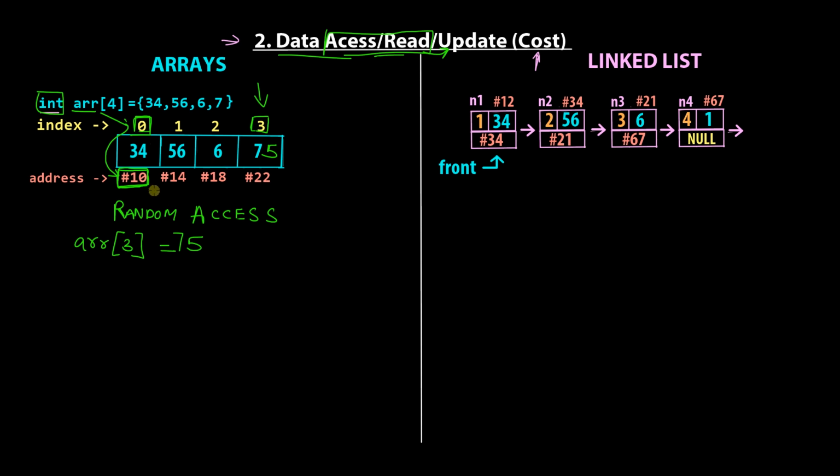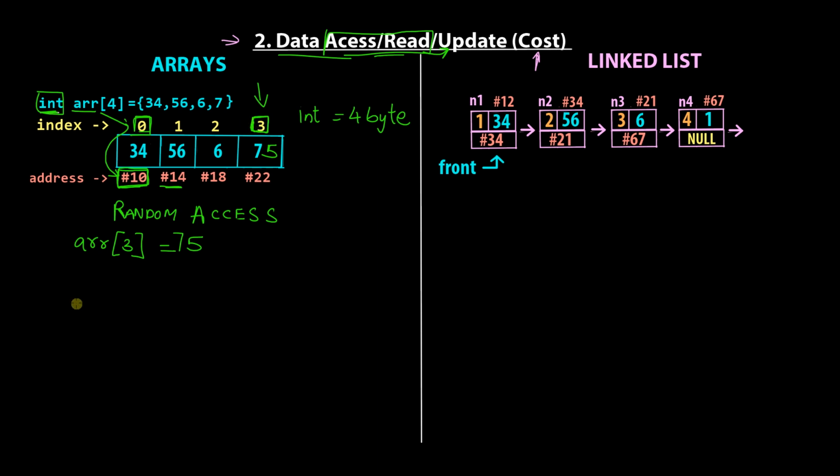So that means the next address obviously is going to be at address #14, and that is because it is an integer array. We just said that let's assume the int data type takes 4 bytes. Now depending upon what system it is, it might be 8 bytes also, but we are assuming it is 4 bytes.